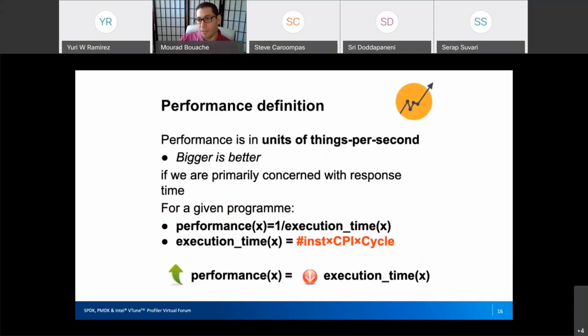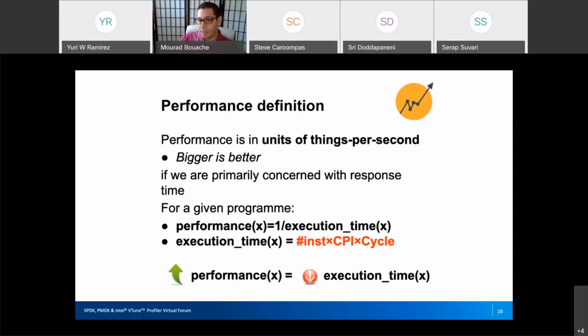Performance definition: if we are talking about my background, which is in microarchitecture or CPU design, performance is in units of things per second. Bigger is better. And if we are primarily concerned with the response time, then the performance is going to be one over the execution time.